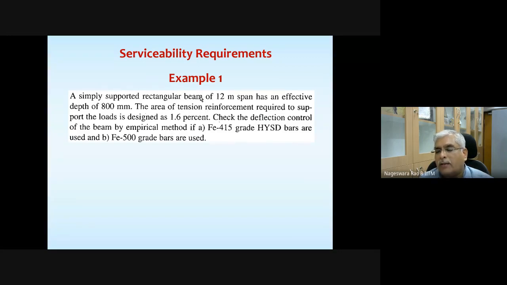But in reality, you need to check all these things. Suppose you arrived at the area of steel, and then when you check this, it failed, because the span to effective depth ratio exceeds the codal limits. Then you need to revise, go back to square one, and start doing everything again.